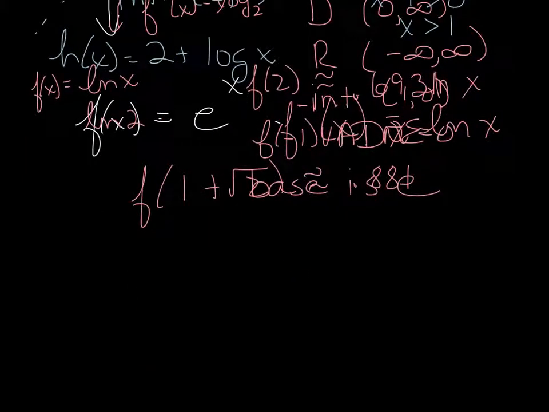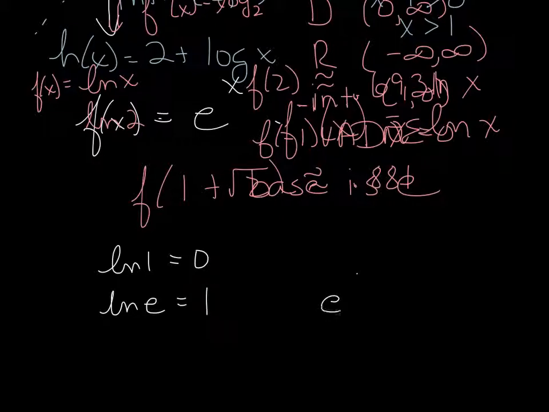So those same properties that we saw a minute ago for the log still apply. The natural log of 1 is 0. And the natural log of e would be 1.